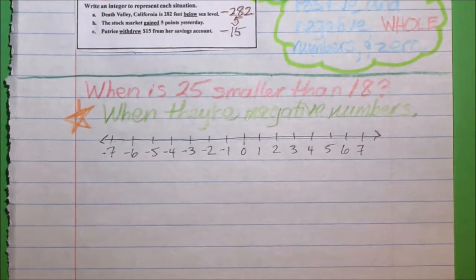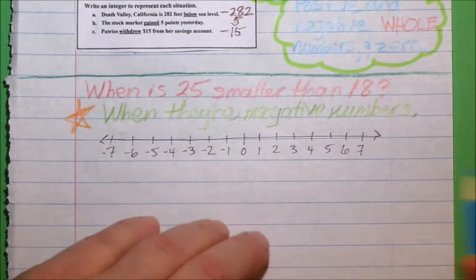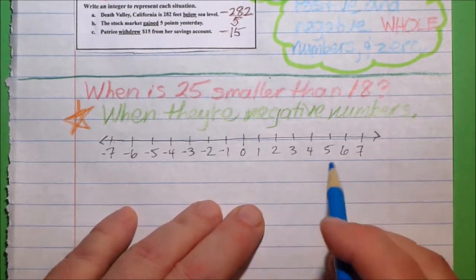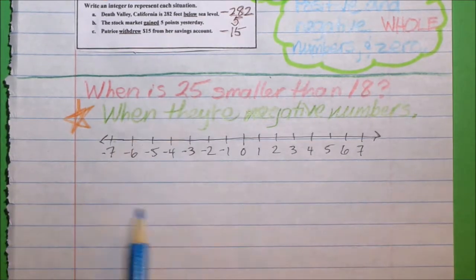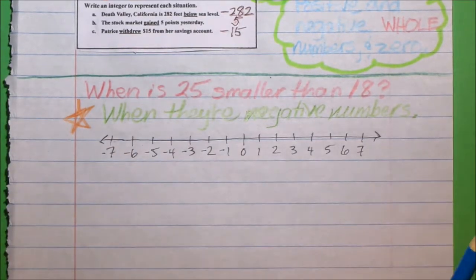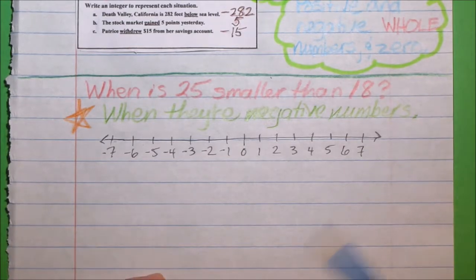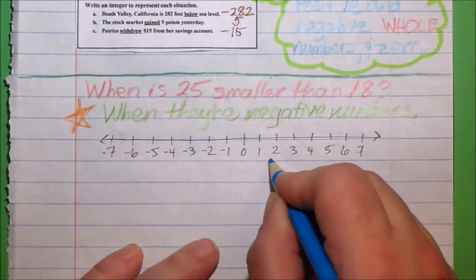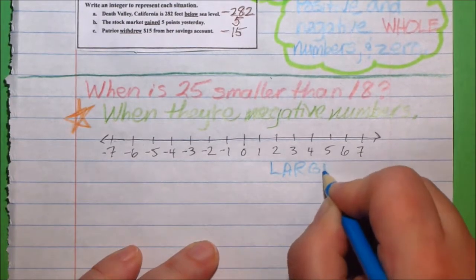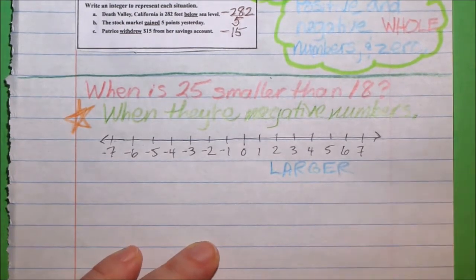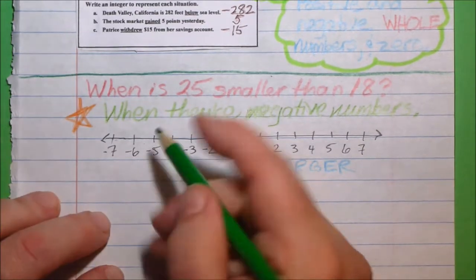All right, so as we're looking at a number line from 0 to the right, those numbers are going to be getting larger and larger. Actually, I shouldn't word it that way. I shouldn't mean from 0. No matter where you are on the number line, as you're going to the right, the numbers are getting larger. Larger, and then smaller.